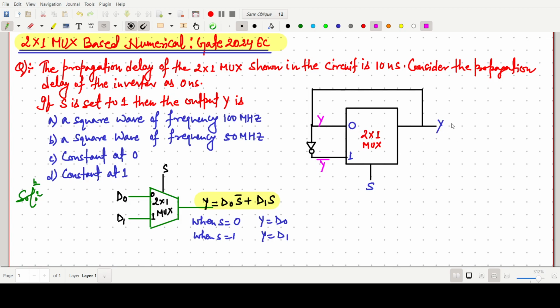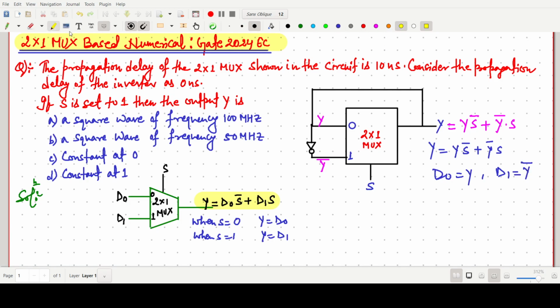So the overall characteristic equation for this circuit is Y equals Y into S bar plus Y bar into S, similar to the mux equation. Here D0 is our Y and D1 is our Y bar. This is the important concept.